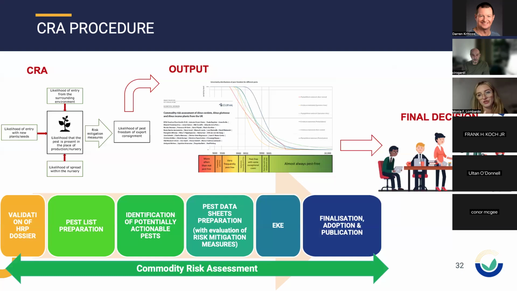And this output is described in the CRA opinion. After that, the European Commission, receiving the scientific opinion in the role of risk managers, as Ciro briefly introduced, will take the final decision on continuing or not the trade and under what conditions for this commodity with the requesting country. And next slide.